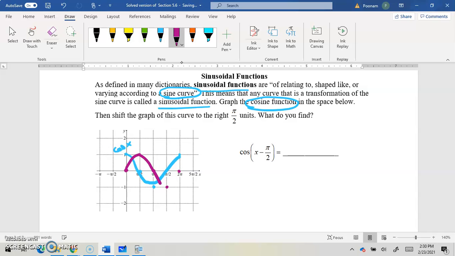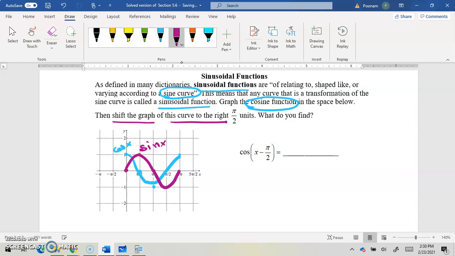If you notice, what is the difference between the cos function, the blue one, and the sine function, the purple one? The sine function is the cos function moved to the right by pi by 2 units. So the shift of the graph is to the right by pi by 2 units.